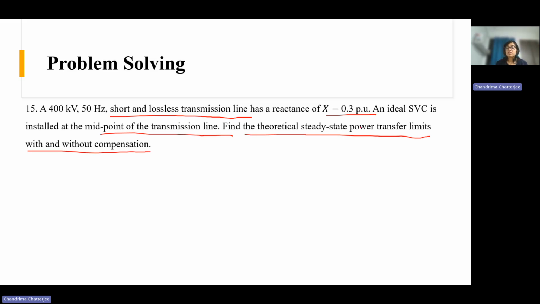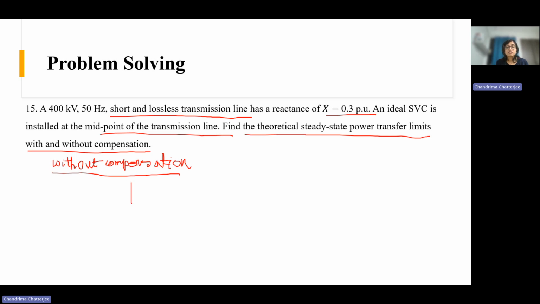This is very easy. First, without compensation.